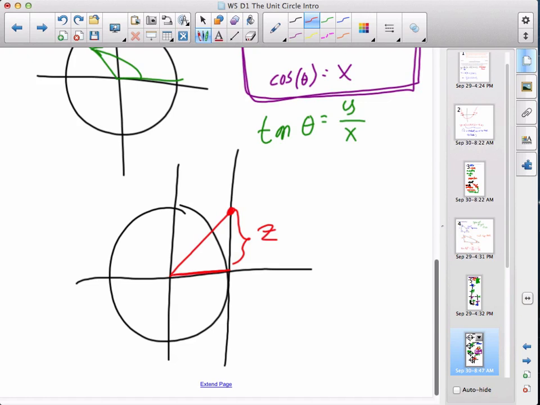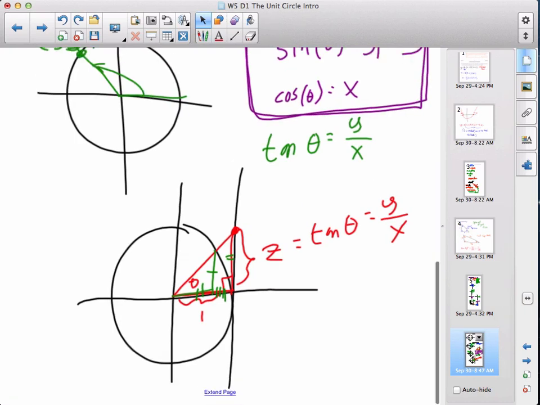Looking at this new right triangle that we made here, this length would be 1. Thus, z over 1 would be the tangent. So z would also equal the tangent of theta, which would be the same thing as the ratio of y over x, because it's got that same ratio here and here as here and here.